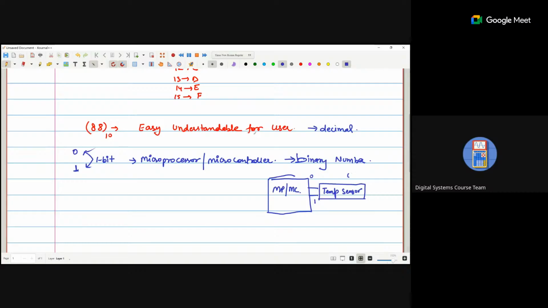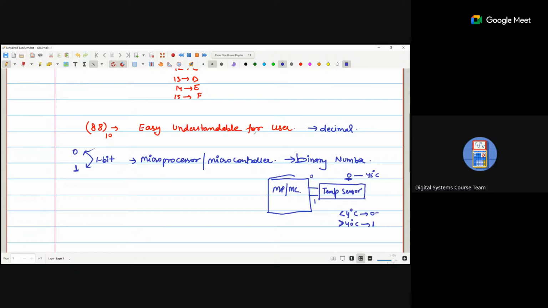Now, the temperature lies from 0 to 45 degrees centigrade. For example, we consider that less than 4 degrees will be considered as a 0, and greater than 40 degrees will be considered as a 1.